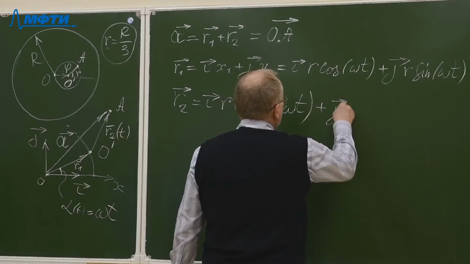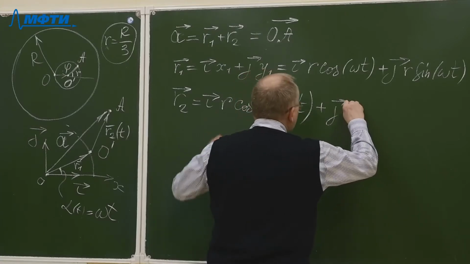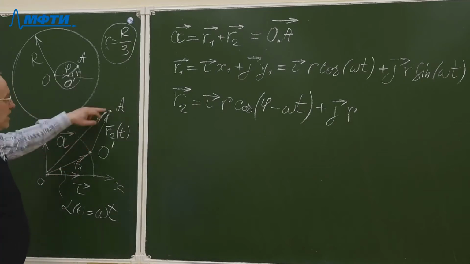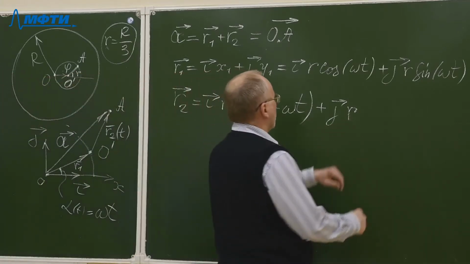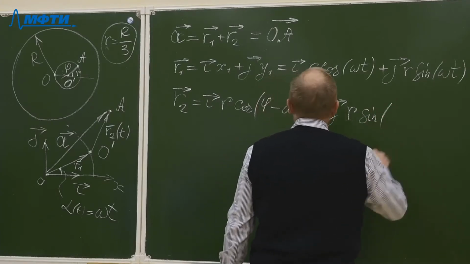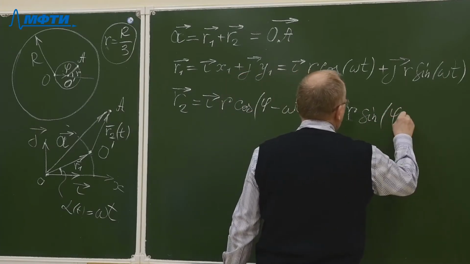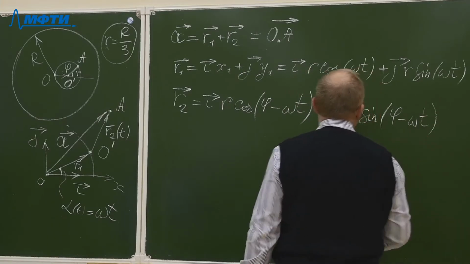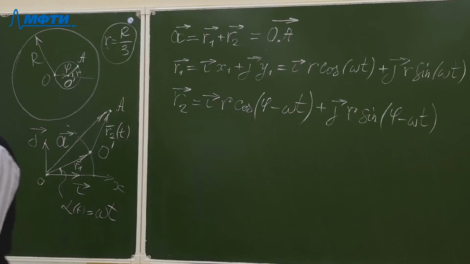Plus vector j, again the amplitude of vector r2, the length of vector r2, which is small r, sine of the initial phase phi minus omega t, the same argument.